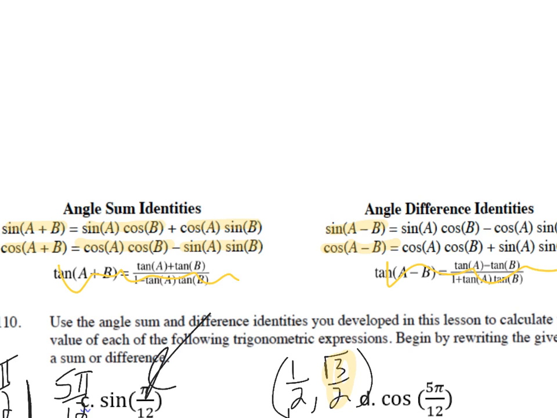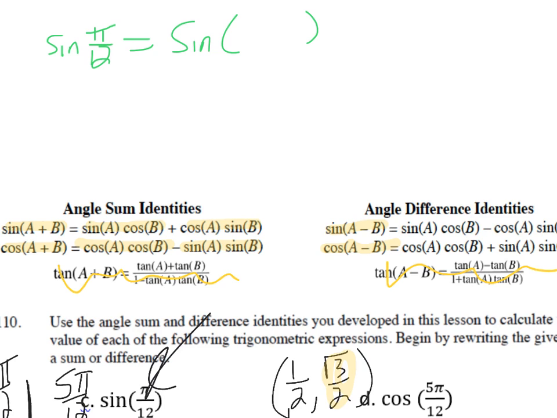So the sine of pi over 12 equals, well, I need to take that pi over 12 and split it into two angles.